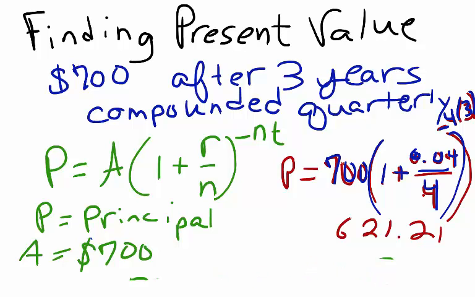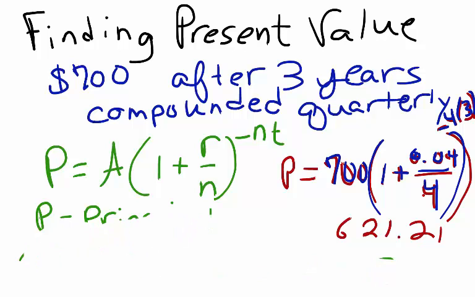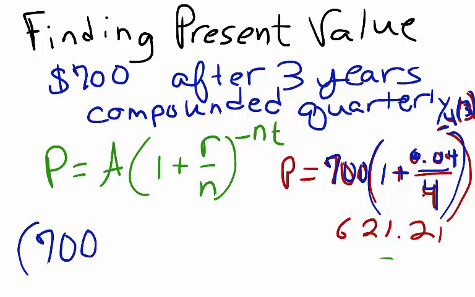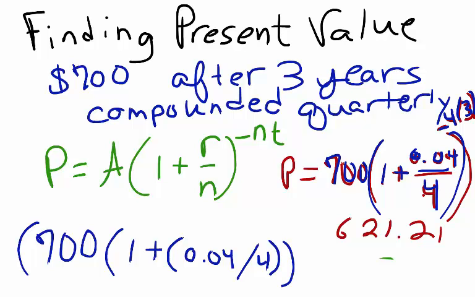If you wish to enter the entire equation into your calculator, you could do so by setting up the parentheses as follows. Open parentheses, 700, open another set, 1 plus, open another set, 0.04 divided by 4, close parentheses, close parentheses.